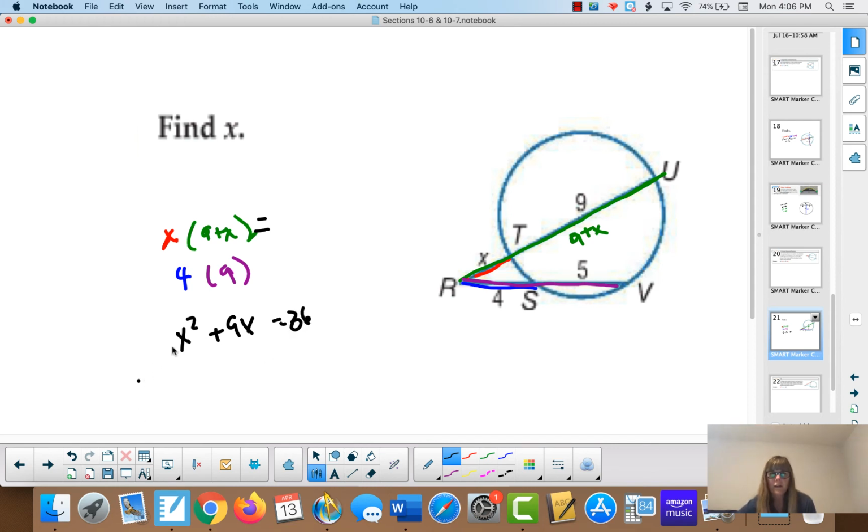That's a quadratic equation, so I need to move everything to one side. That factors to x minus 3, x plus 12.